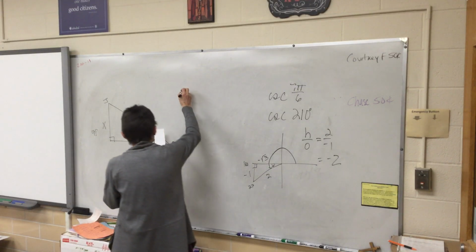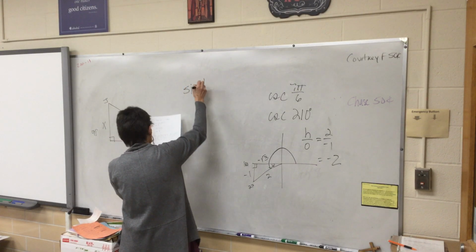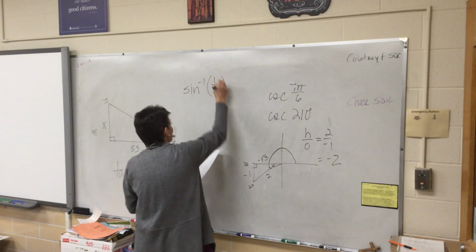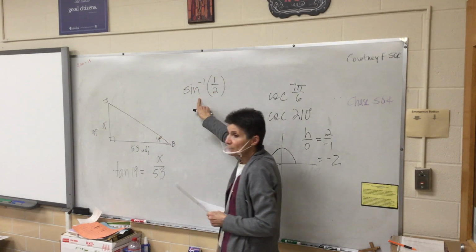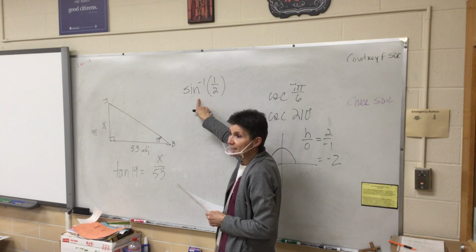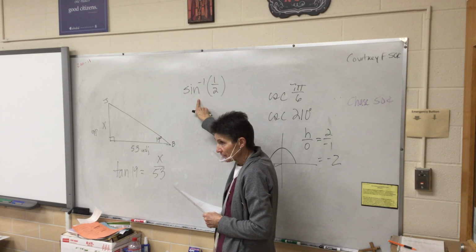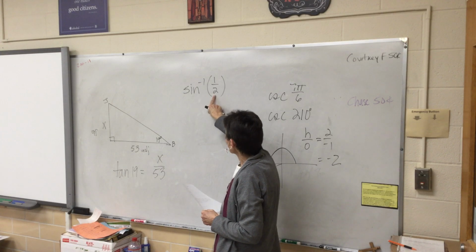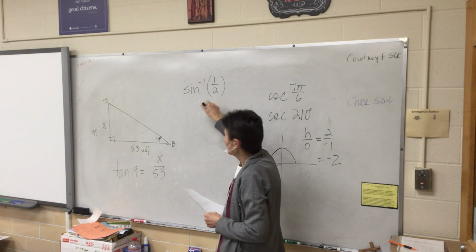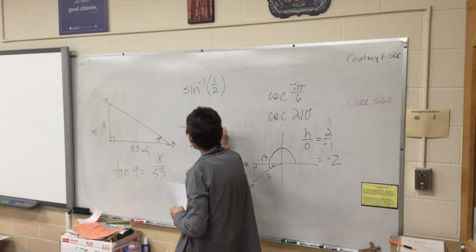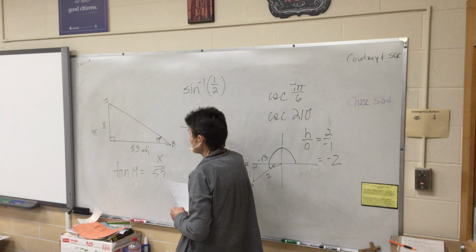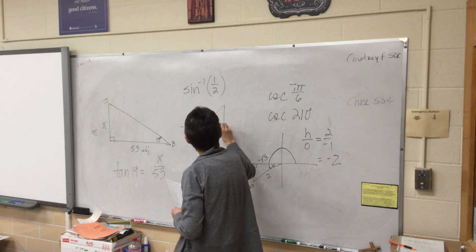All right, number 3. Find the angle whose sine is 1/2. So remember, this means find the angle. Now, when that's a positive number, I know I'm going to draw my picture in Quadrant 1.